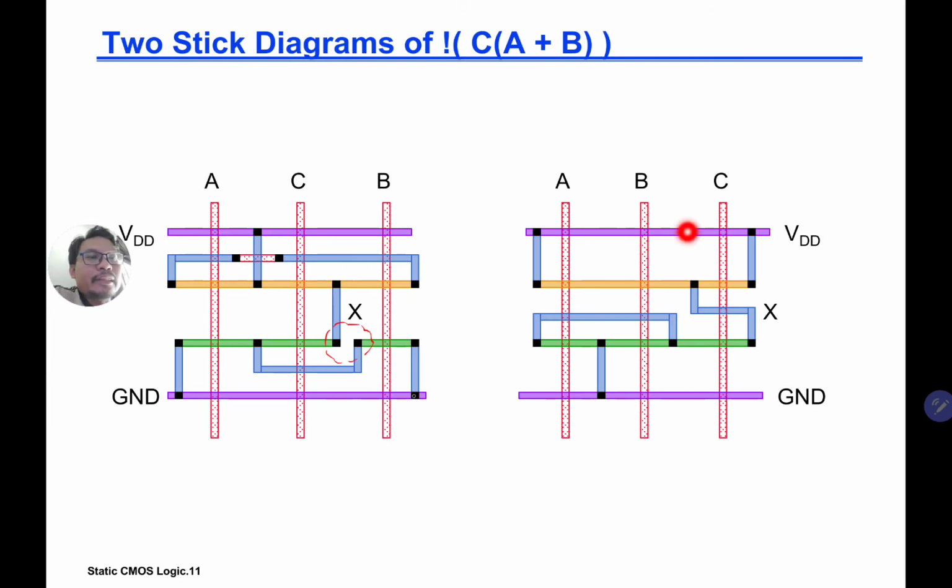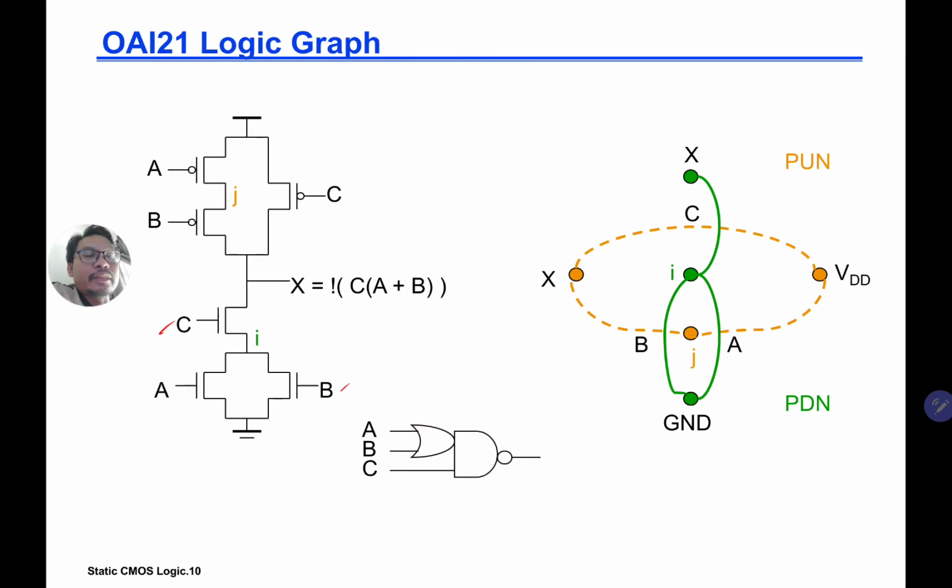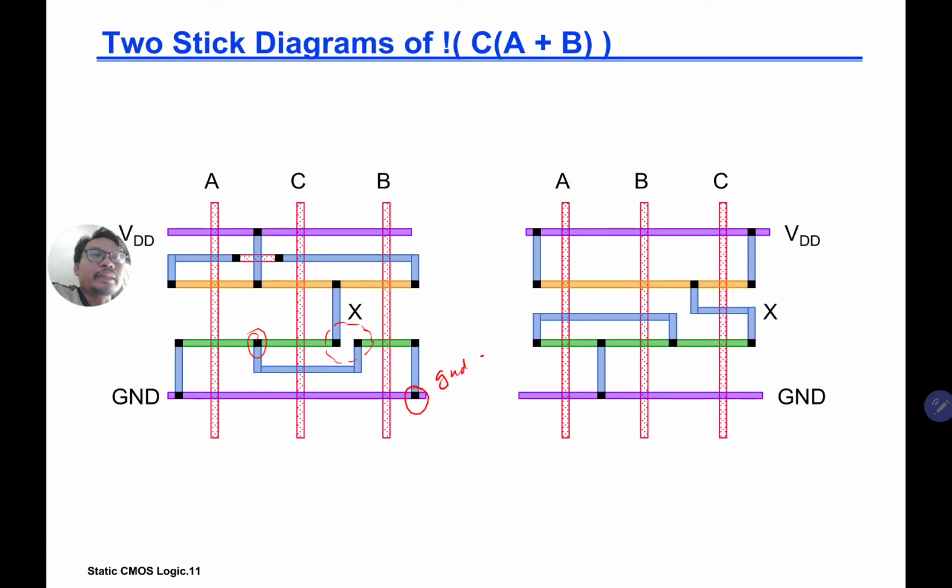Transistor B is connected to ground, and is also connected to A and C. At the same time, C is connected to X, which is here, and it's also connected to A and B. So here is A, C, B. Here AC is connected to the B. So we could not connect the X directly to the ACB. Okay, so we have the interrupted diffusion strip there.